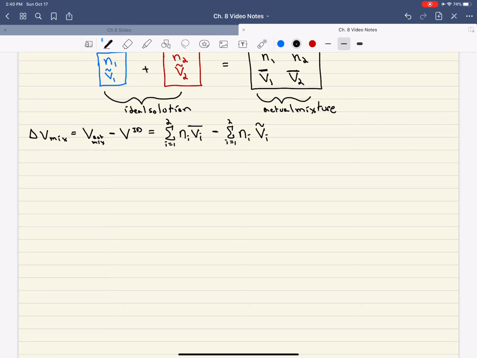If we expand out these summations, what we get is N1 V1 bar plus N2 V2 bar minus N1 V1 squiggly plus N2 V2 squiggly.